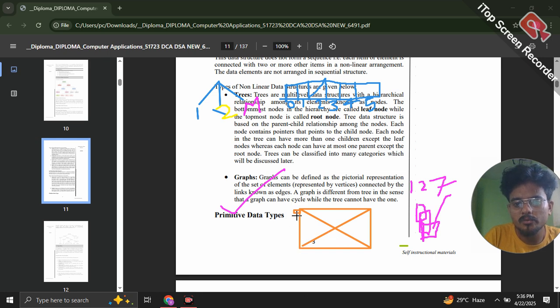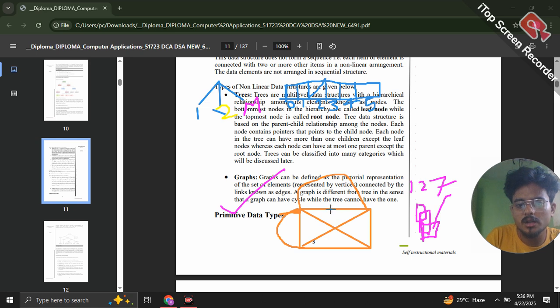We can move from this node to this node to this node. So this is a graph because the starting and end points are different, but these are the elements of the graph.